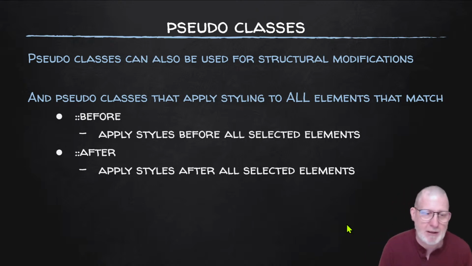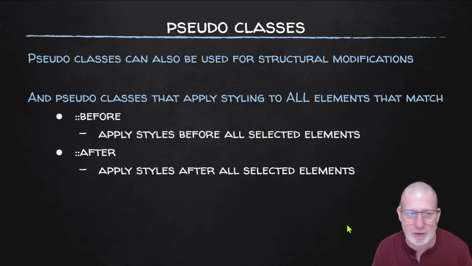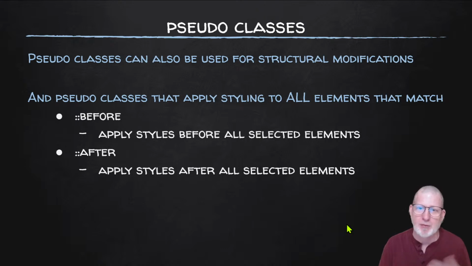The last two pseudo classes I want to introduce are before and after. And what the before and after pseudo classes do is they apply styles before something's drawn or after something's drawn. And it's kind of a weird way to think about it, because you don't kind of think of your web page being drawn and it taking some time. It's kind of instant.